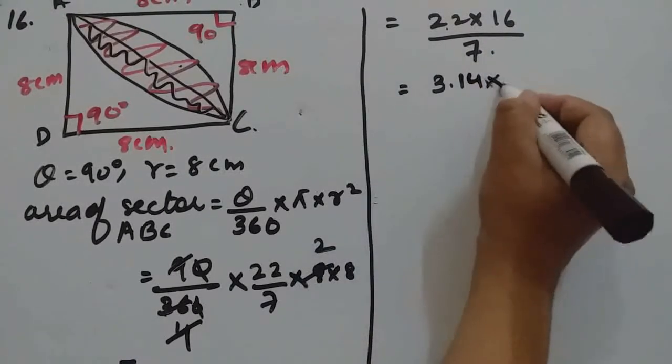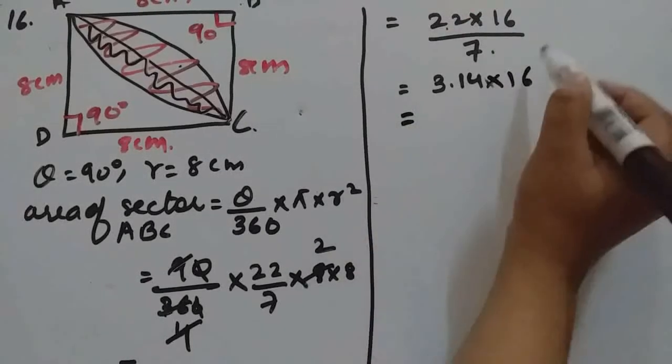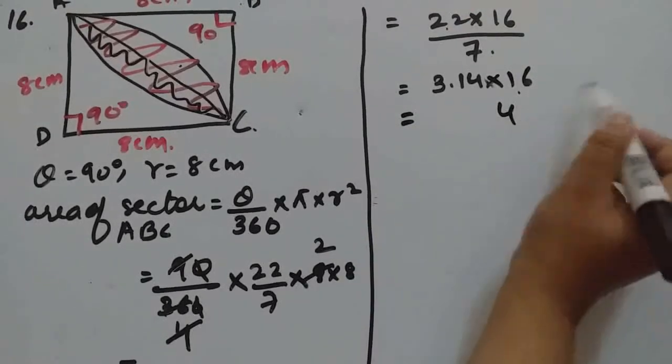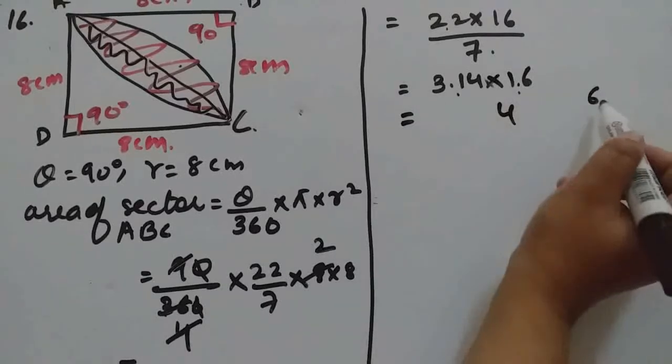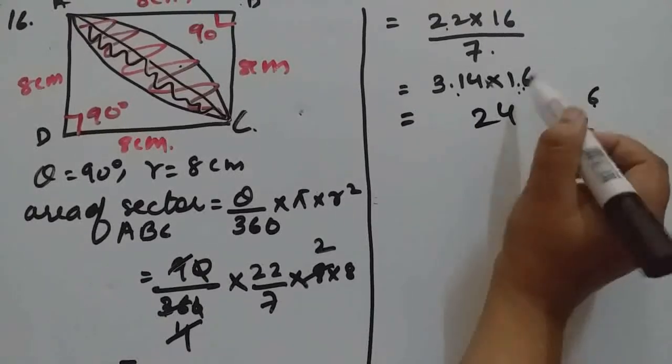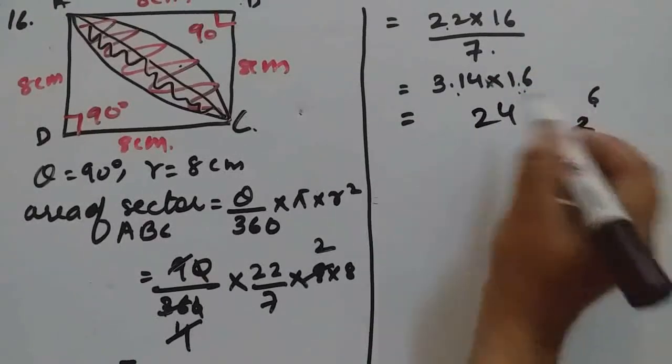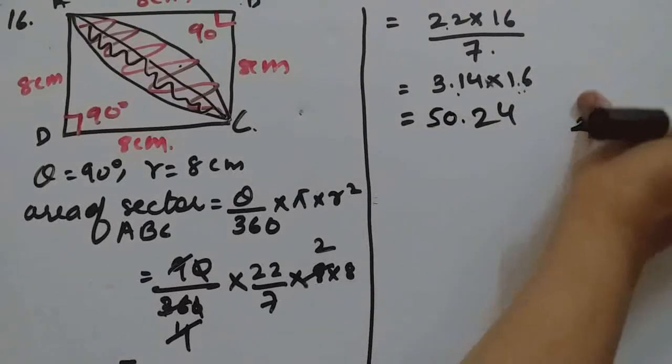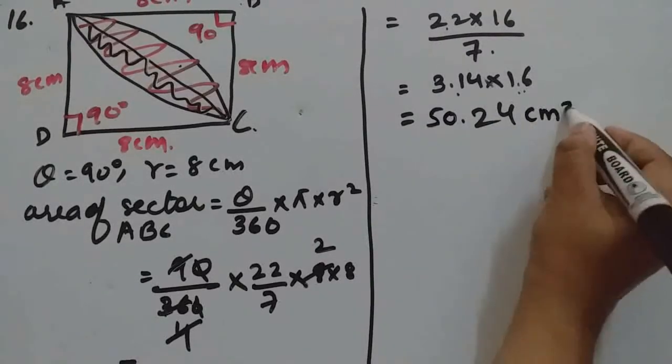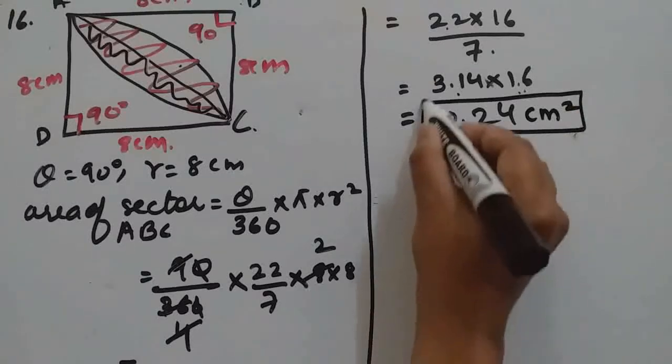So 3.14 into 16. 16 4s are 64, 16 1s are 16 and 6 22, 16 3s are 48 and 2 50. So 50.24 centimeter square is area of sector.